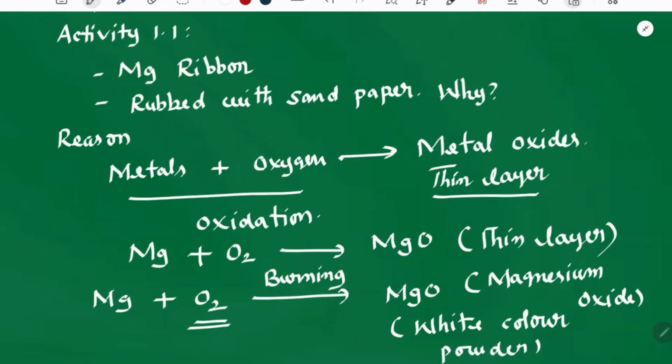So this is about activity 1.1. Next, just keep this in our mind. Magnesium is burning. Magnesium here is solid. Here oxygen, and finally we are getting this white color powder. So that is magnesium oxide.